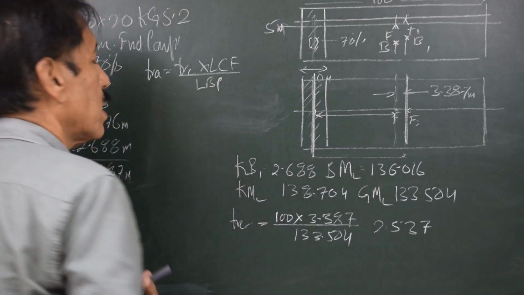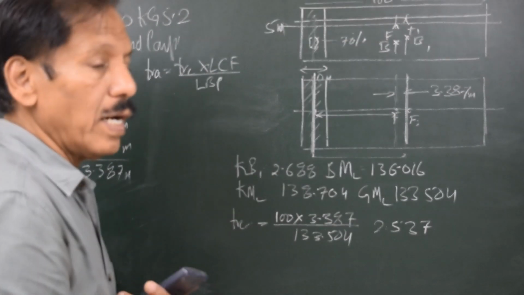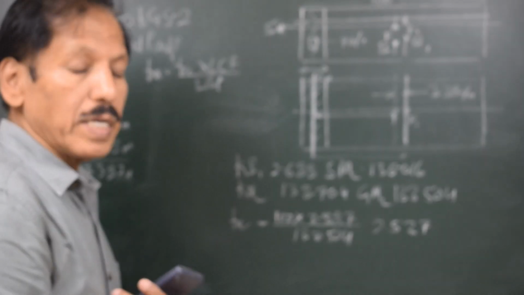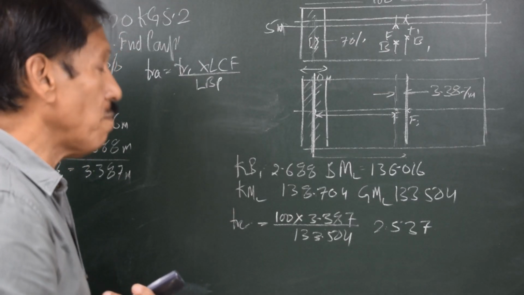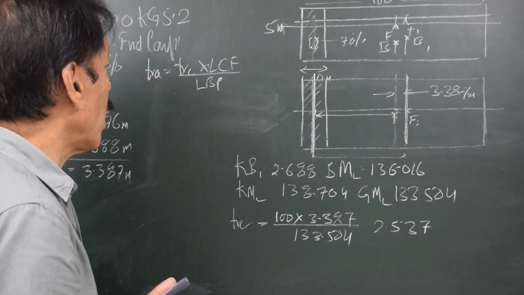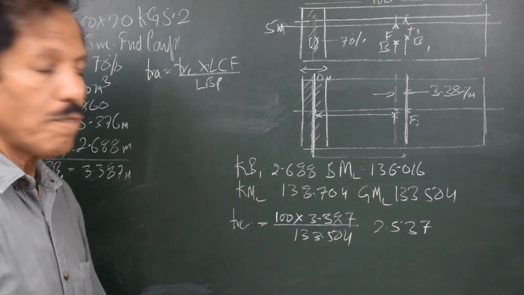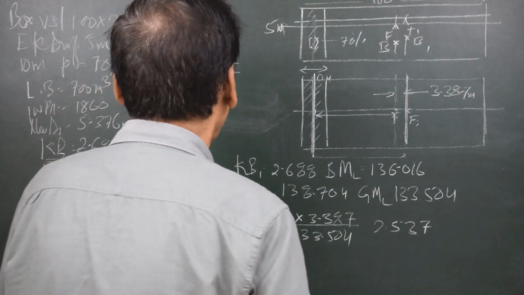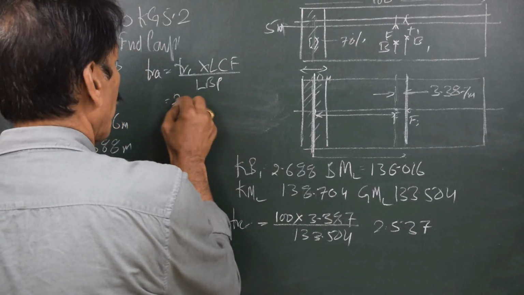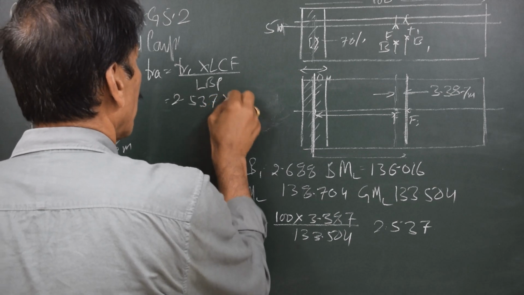Now what is TRA? TRA is not trim aft. TRA is the component of aft draft change because of trim change alone, or TRA is the change of draft aft purely because of the trim change, not because of the bodily sinkage. So TRA will be equal to 2.537 into LCF.